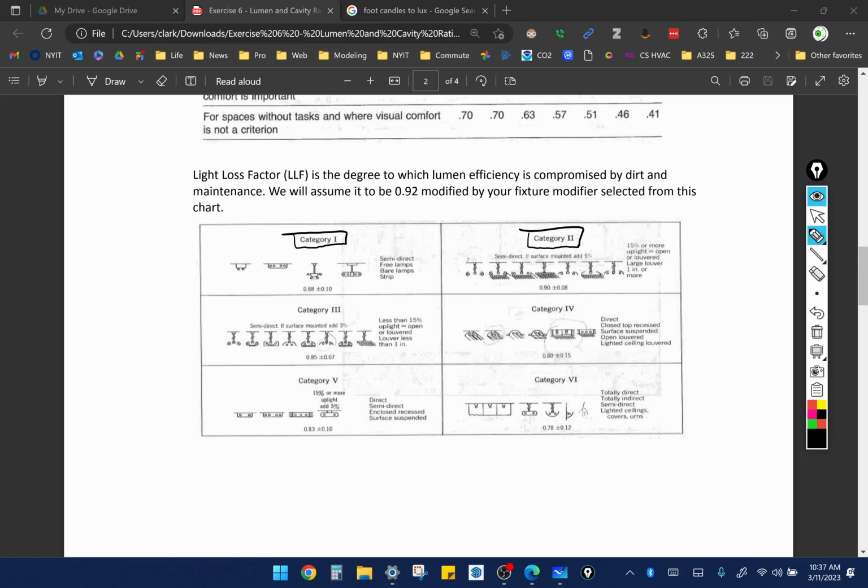So like a semi-direct free lamp, bare lamp, strip lamps would have a 0.88. So if you think your lamps are that, then you're going to choose 0.88. If there's less than 15% going up, or it's open louvered, then you're going to pick 0.85, etc.